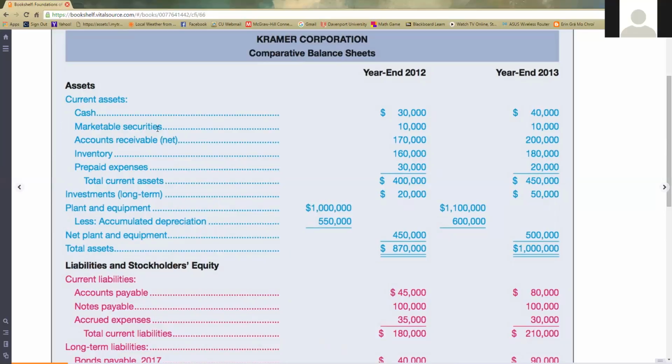Marketable securities, a big old fancy word for really short-term investments that you can sell really quickly, like CDs at the bank might be considered marketable securities if they've got a short enough maturity date. If you have some money market funds, you call your broker or talk to the bank who's holding that, and you could get the money out within a few days. It's a marketable security.